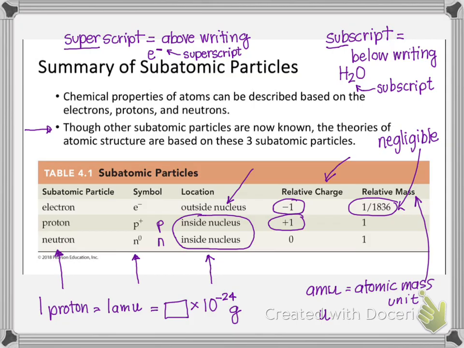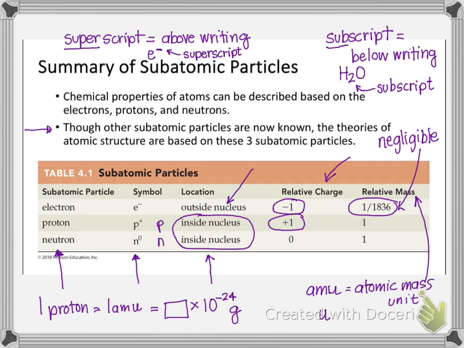I have to use my phonics to spell negligible. So sometimes they say the mass of the electron is negligible. And if we were in class, I would say, do you know what negligible means? And what it means is that it's so small that it doesn't contribute, or it's not important to the mass.